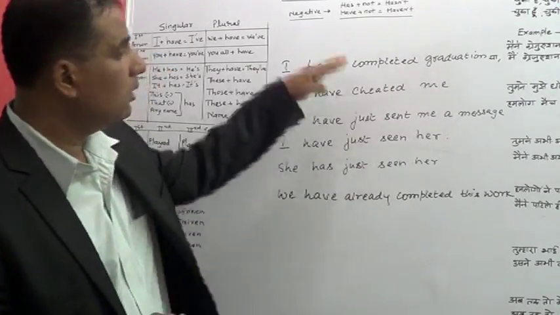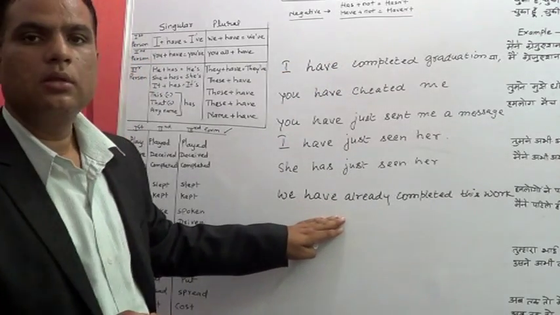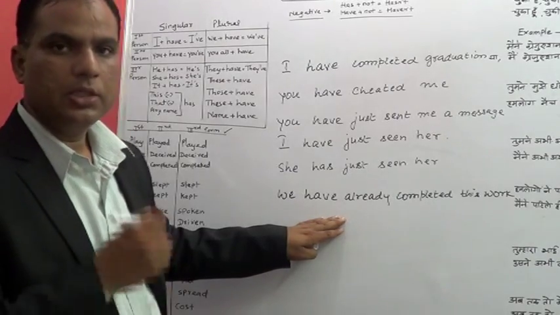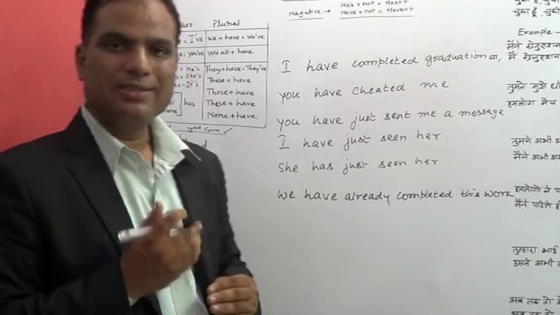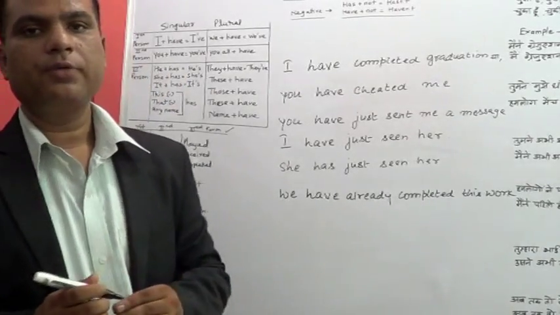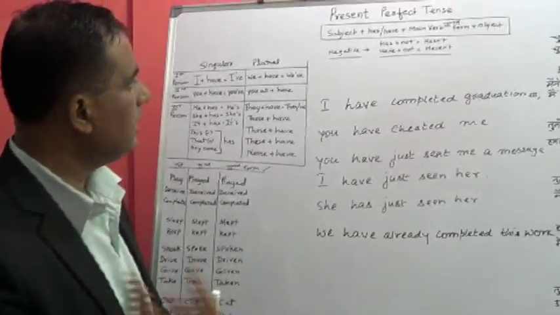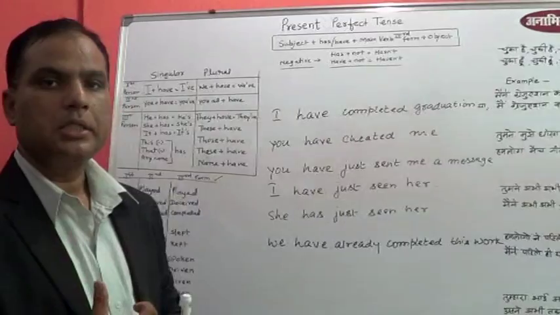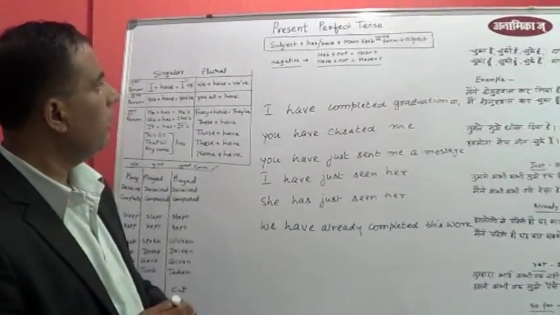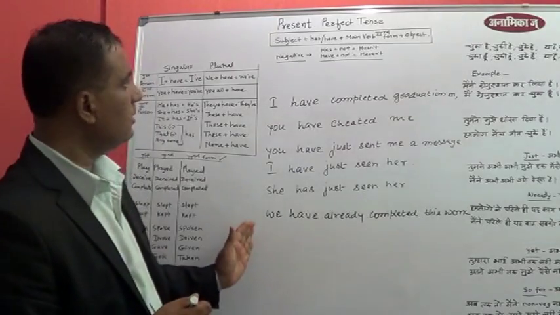So this is how the positive of present perfect tense is always framed in terms of sentences. And now we will see how to frame negative sentence, because in our daily life we do talk about certain negative things. So we will see how to make a negative sentence.